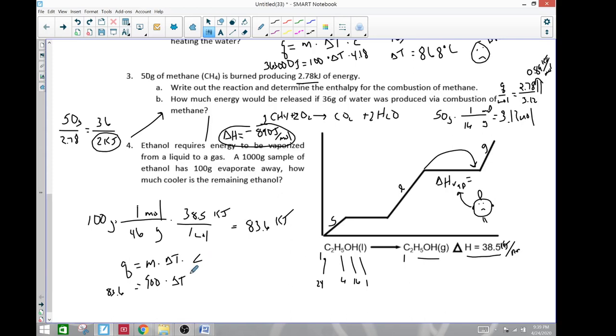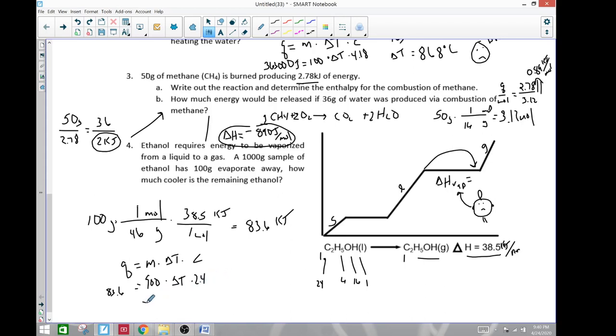Okay, looking for ethanol. Ethanol is 2.4. I had to look on a table for that, and I'll add it in here for you. All right, and equals.